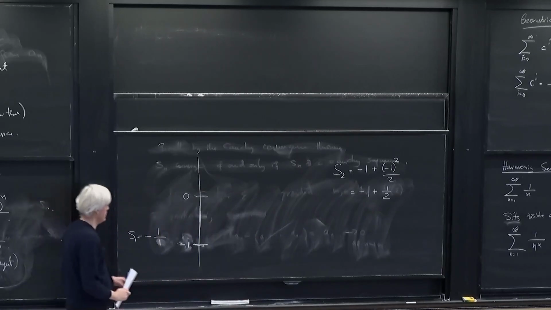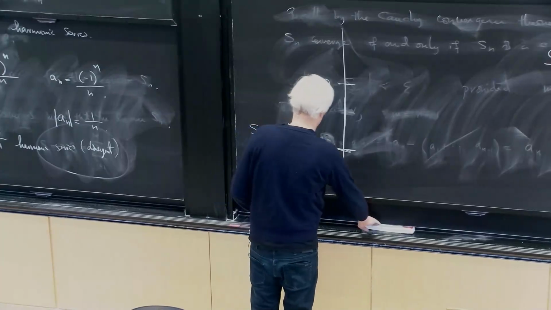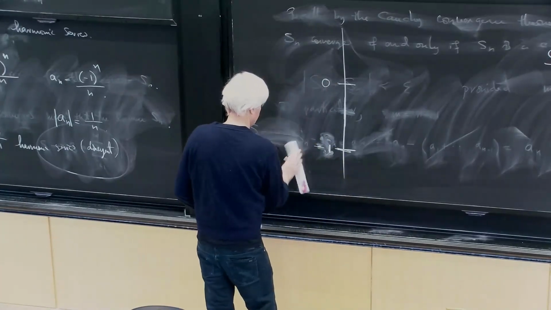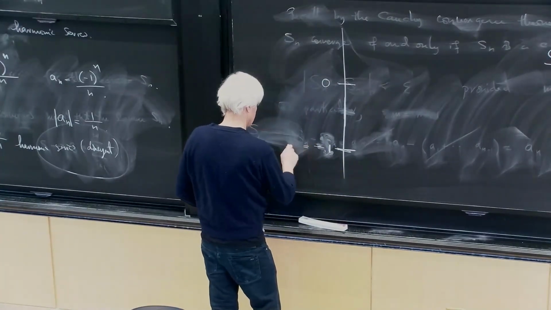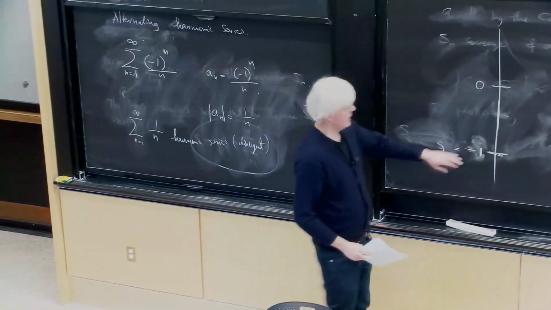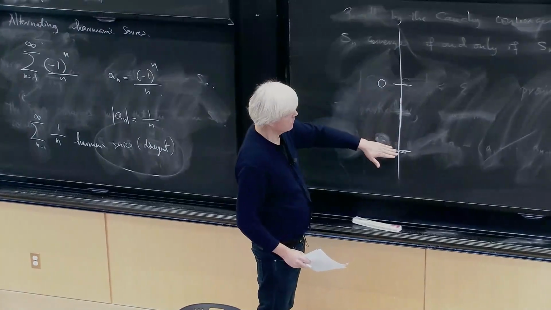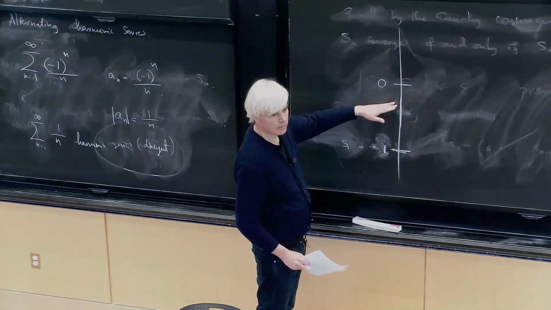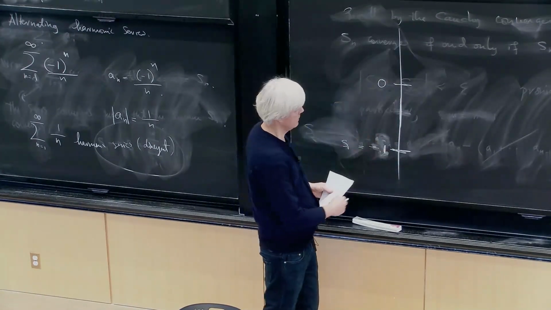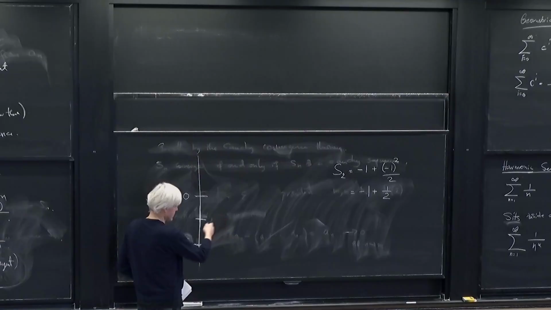So this here is S1. Let me just write it down here. This is S1. When you're looking at S2, then you're coming back towards 0, but you don't go as far up as you went down, right? Because it's 1 over 2. So this here is S2.